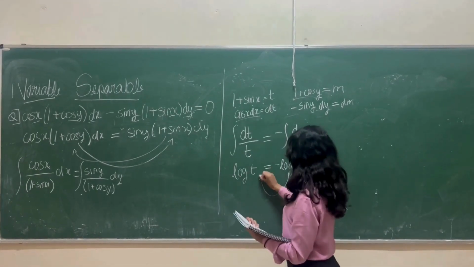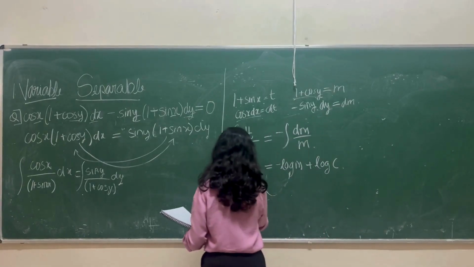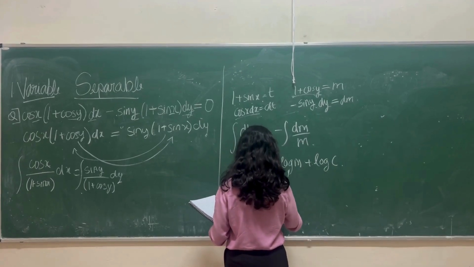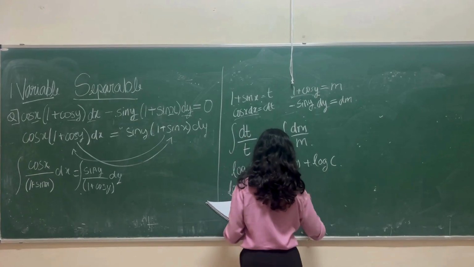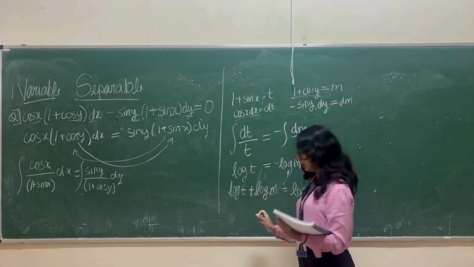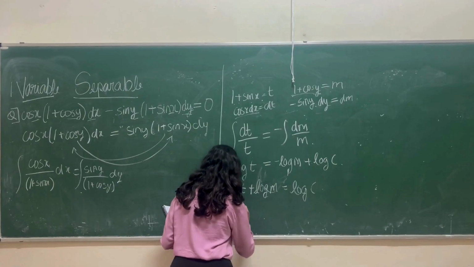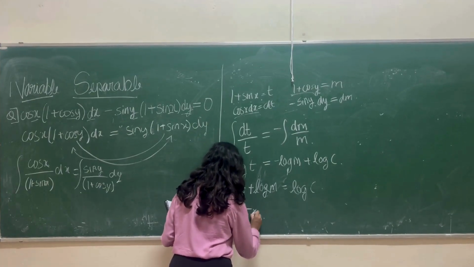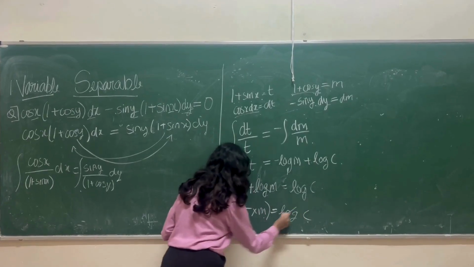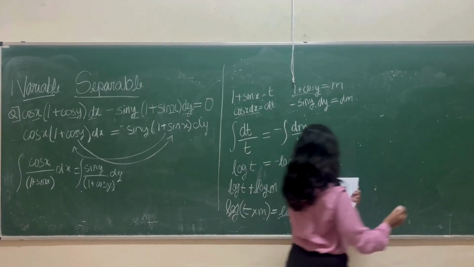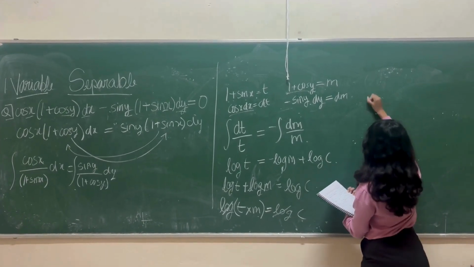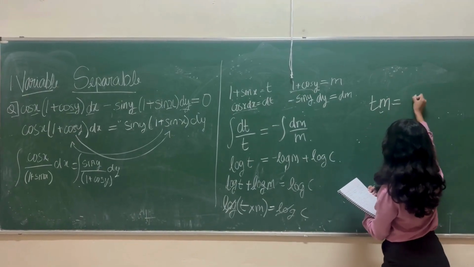So on taking log m to this side, you will get log t plus log m is equal to log c. Log a plus log b is log a into b, so that is log t into m is equal to log c. Now we can cancel out the logs. So our final answer ends up being tm is equal to c.